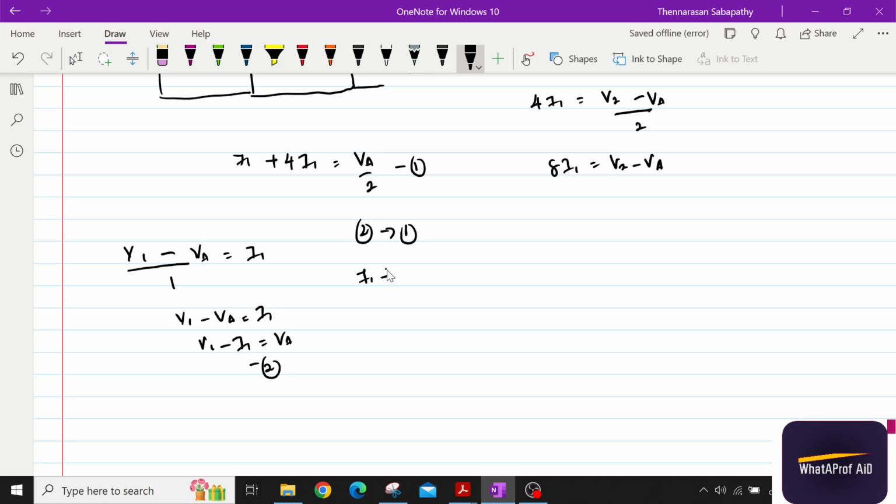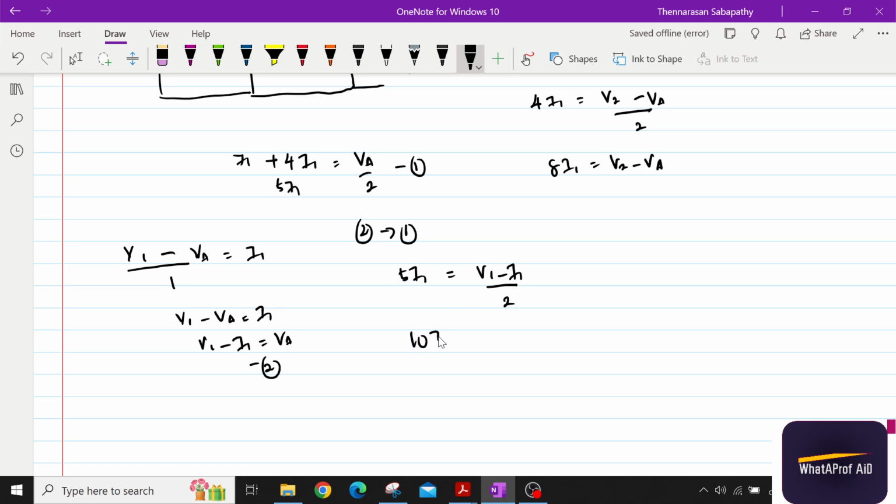So I1 plus 4I1 equals to V1 minus I1 over 2. So I can multiply over here, 2I1 plus, supposedly I can add this one, sorry, I forgot to add. This is 5I1.